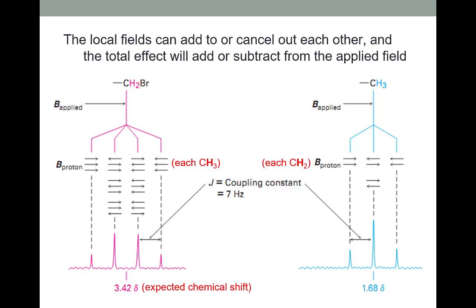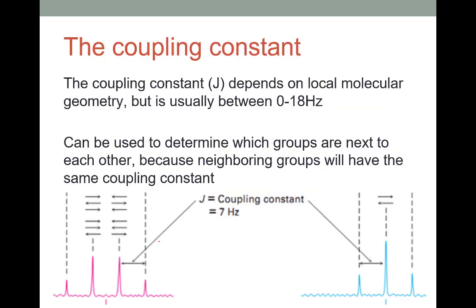This slide also shows us the coupling constant. Now, coupling constant is a measure of how separated those peaks are. And what's kind of neat about this is that if we have 2 clusters, 2 different groups, the coupling constant is going to be the same if those peaks are being split by each other.